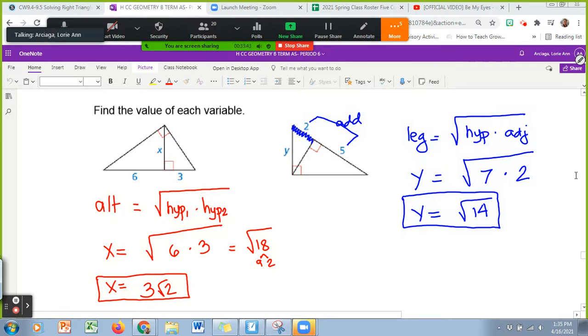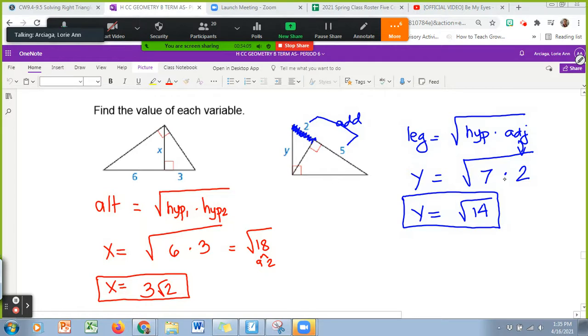Here? Which one? I don't get you. The second problem. I didn't add this one because that's the adjacent segment to the leg that we're looking for. The formula is you multiply the hypotenuse and the segment that's adjacent to what you're solving for.